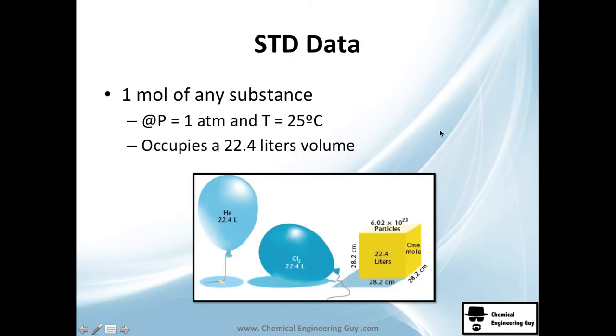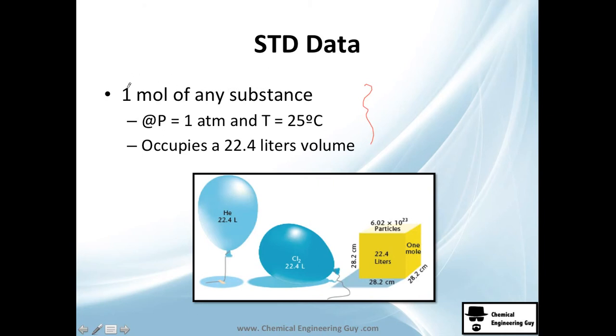So let's do an exercise. Before that, I want to show you this, which is the standard condition. Please learn it. You don't need to memorize it, but of course you will need to check it, so I think it's better to learn it, and it will help when you do your calculations.